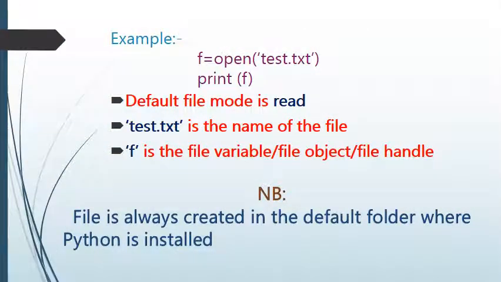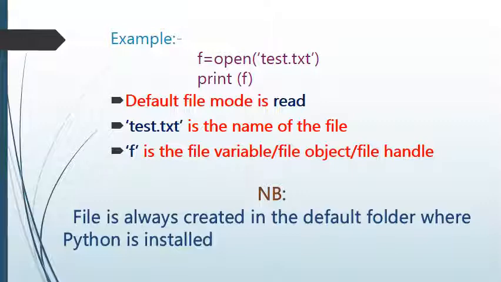Now, this is an example of a file opening statement. F is equal to open, within brackets, test.txt. That means I am trying to open a text file, and if such a file exists, the operating system will give a file handle. It will be stored in the variable f. And here, see, the second argument of the open function is not specified.